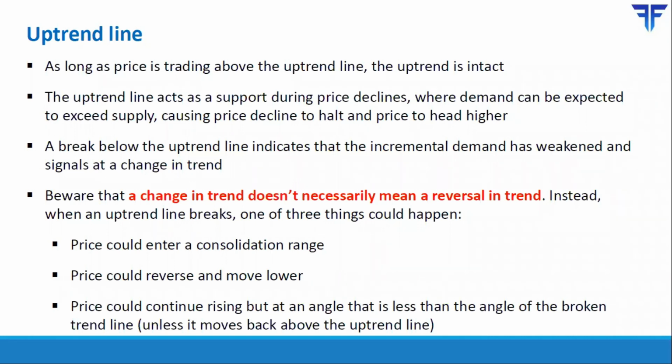That said, the break of an uptrend line doesn't necessarily mean a reversal in trend. It is very important to keep this in mind whenever you are placing trading recommendations following a break of a trend line. I'll talk more about this by showing you a live chart later on.